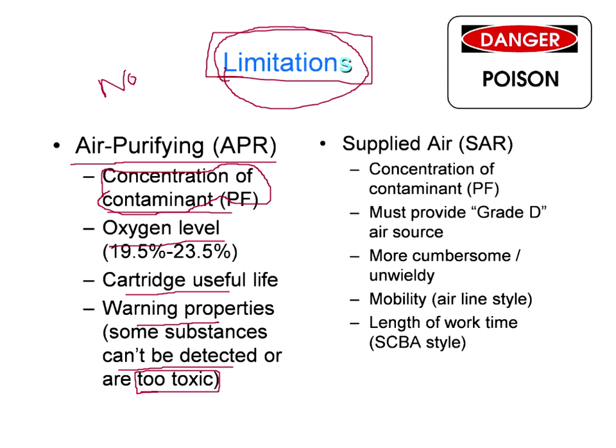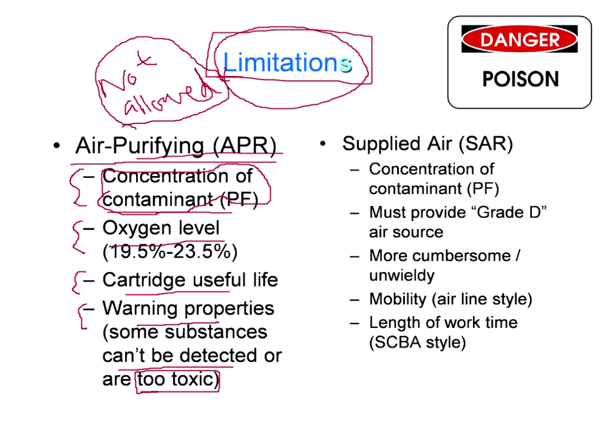Limitations for air purifying respirators, APR: concentration of contaminant, oxygen level. There is some cartridge useful life, and warning properties. Some substances cannot be detected, or they are too toxic, more poisonous.